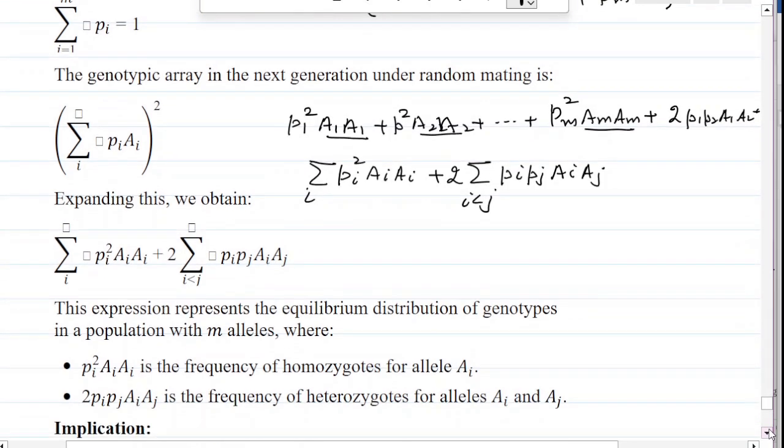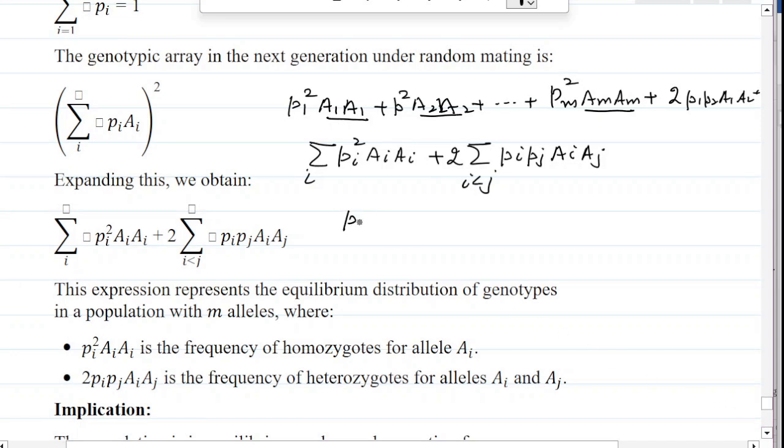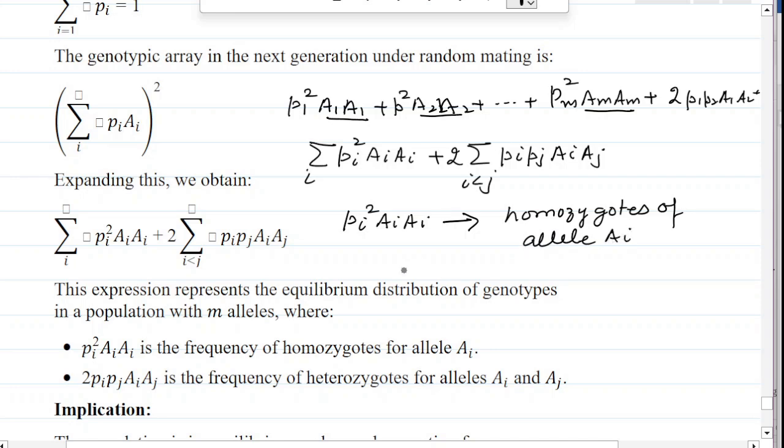So in this expression, pi square AiAi is the frequency of homozygotes for allele Ai, and twice pi pj AiAj is the frequency of heterozygotes for alleles Ai and Aj.